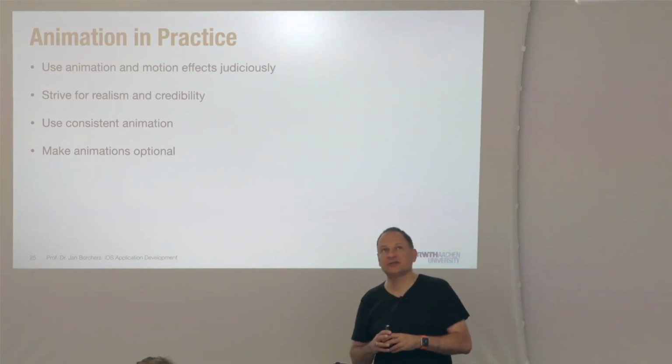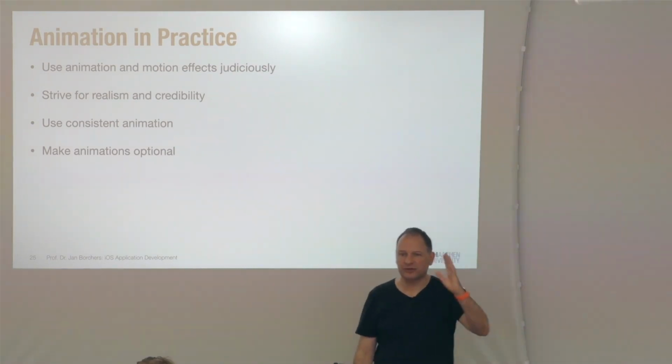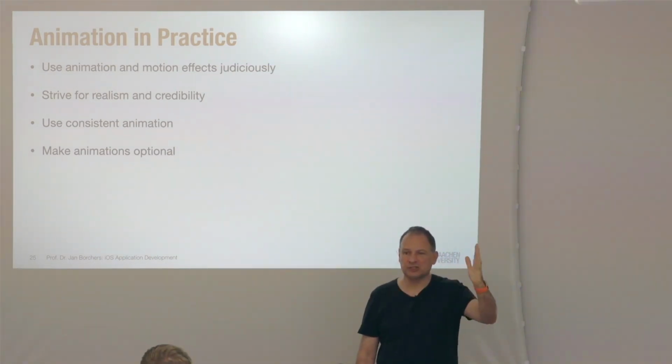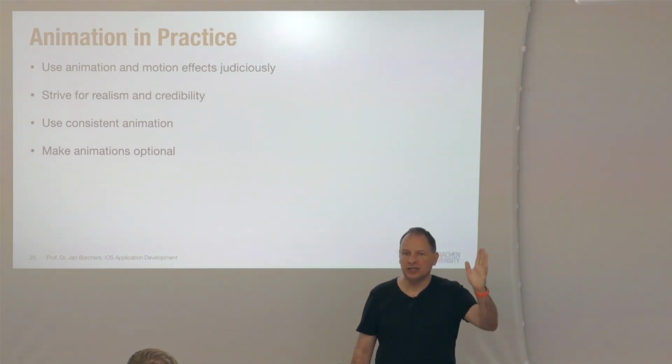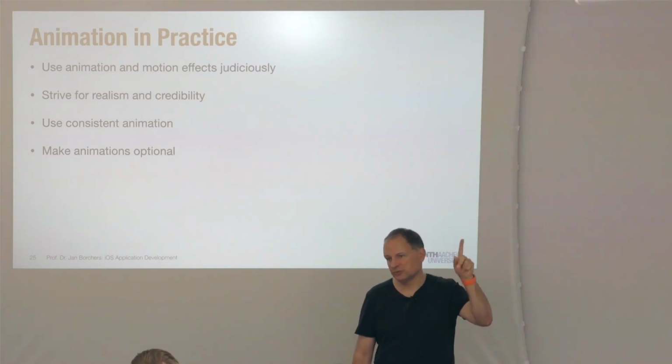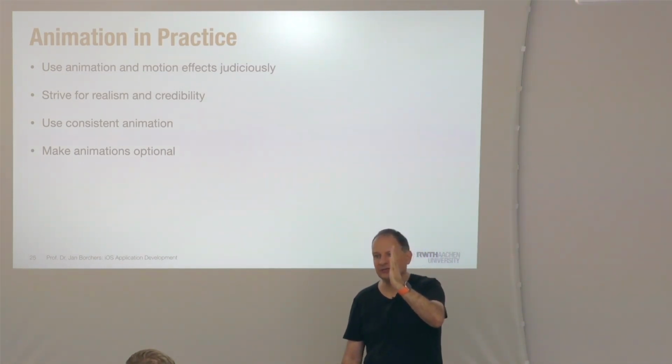So for example, when a car stops, right? The car doesn't just go from velocity 50 to velocity 0 like this. That's not how it works. But if you just moved a car with a simple move transformation from A to B, that's exactly what you would get. So you would need an ease in and an ease out, which is what these things are called, that basically slows down the velocity of movement as it arrives at its destination.